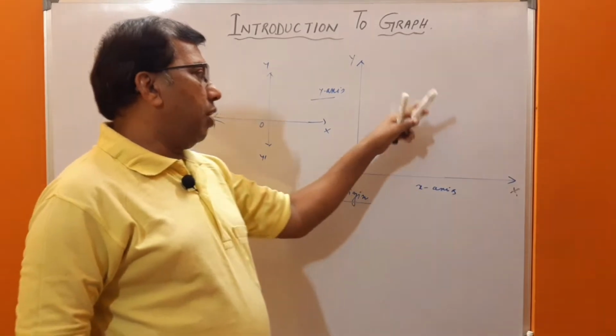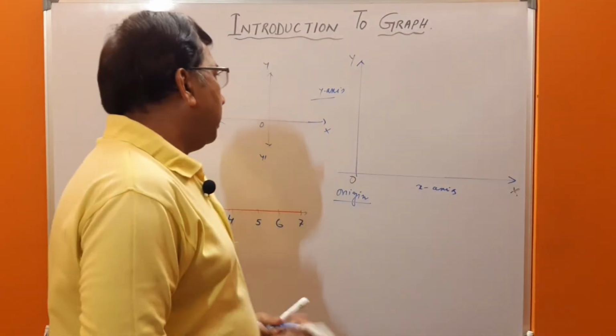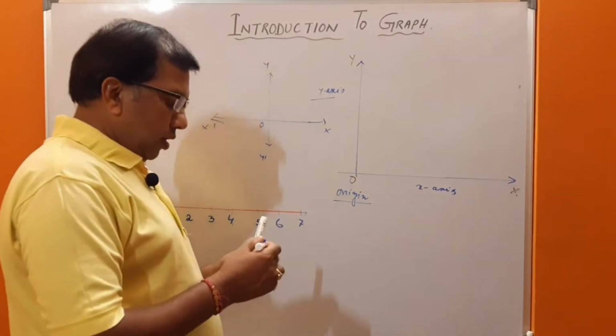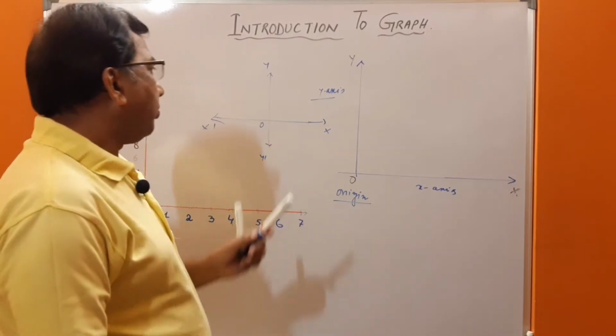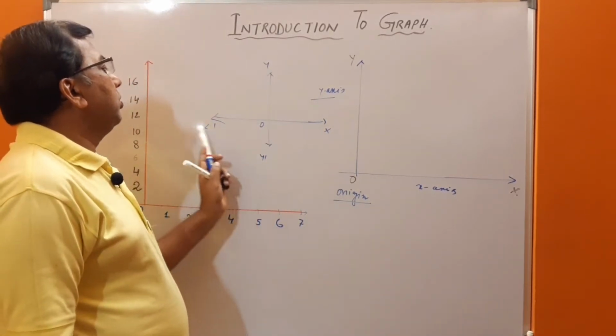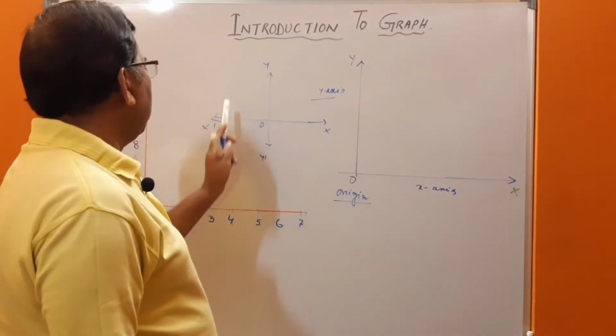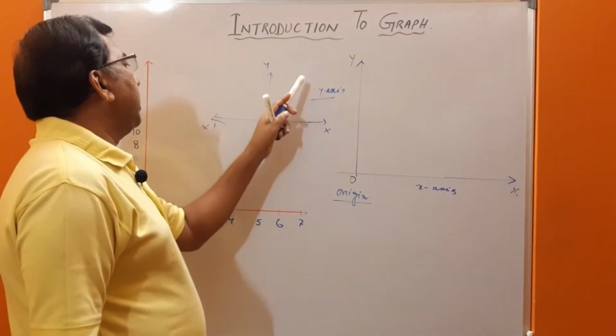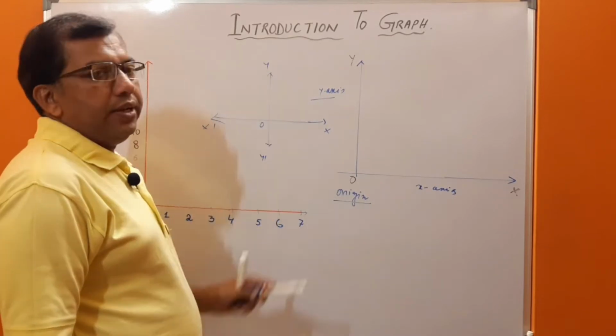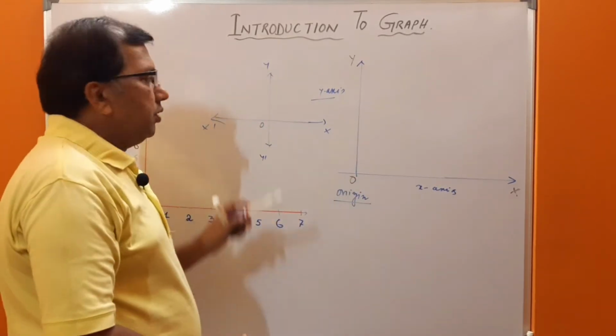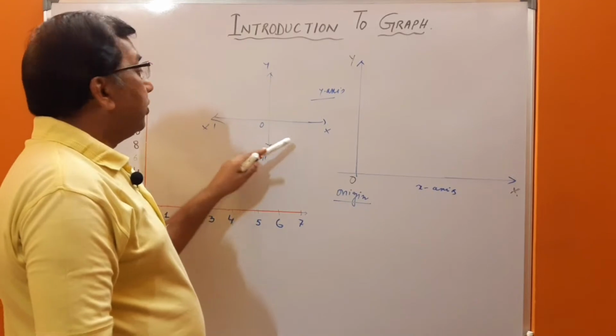So how to plot a point? Before that, you should know that if you draw these lines perpendicular to each other, there are four quadrants in this Cartesian plane: the first quadrant, second quadrant, third quadrant, fourth quadrant.